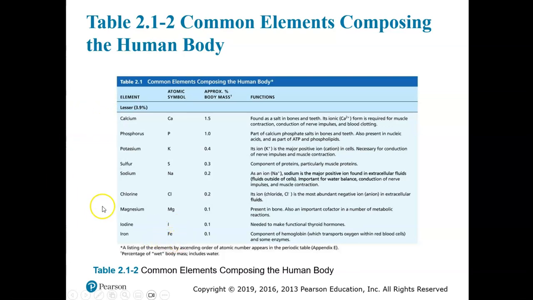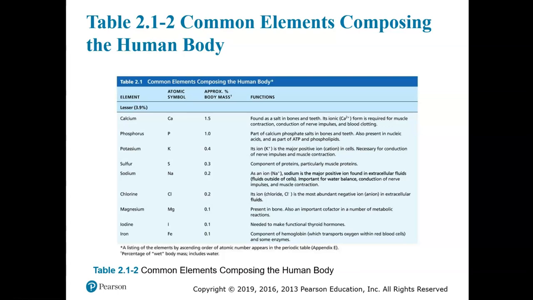So these are found, for example, calcium is stored in our bones, but it's very important in muscle contractions. When your blood levels of calcium are too high or too low, that can lead to your muscles either staying contracted and they won't relax, or staying relaxed and they won't contract.